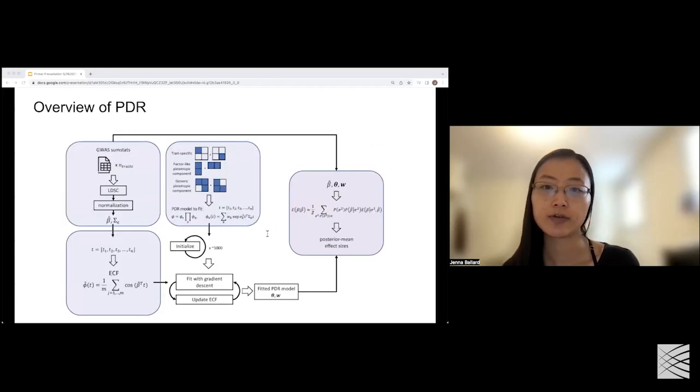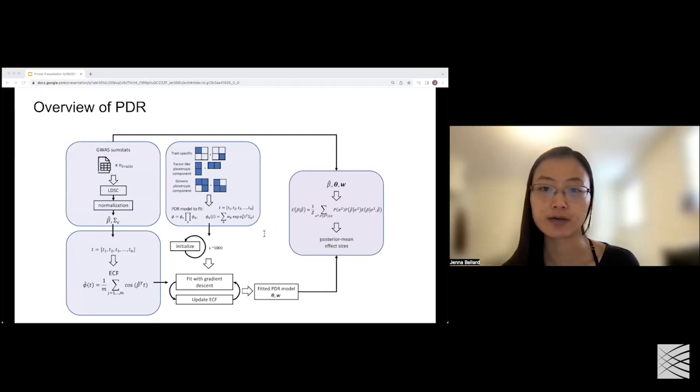So here's an overview of PDR. We take the GWAS sum stats and pre-process them using LD score regression and normalization to make the variance equal to 1. From this, we get effect sizes that we input to the model, as well as a noise covariance matrix. Then we calculate the empirical characteristic function using these effect sizes observed from the data, which is what we use as the dependent variable in the regression.